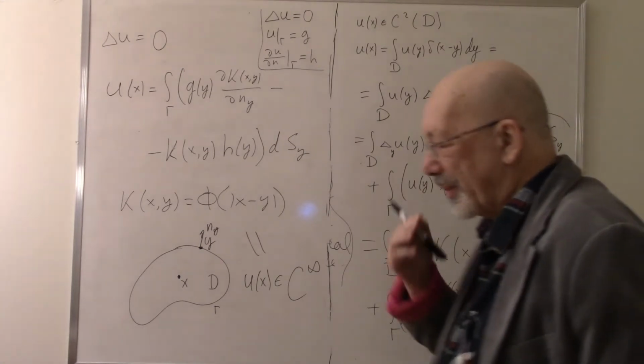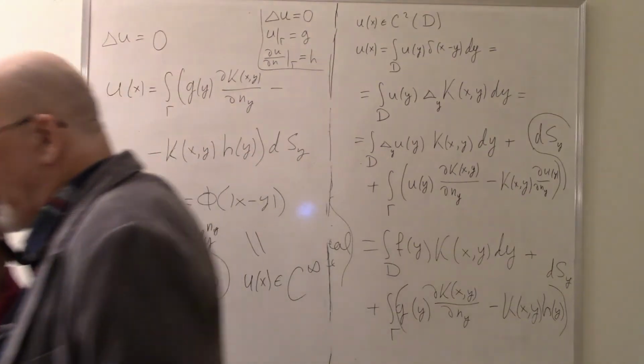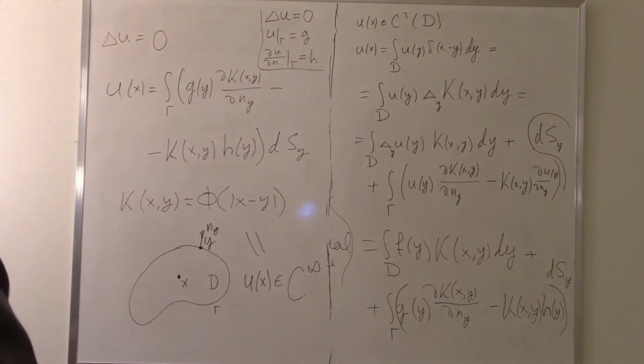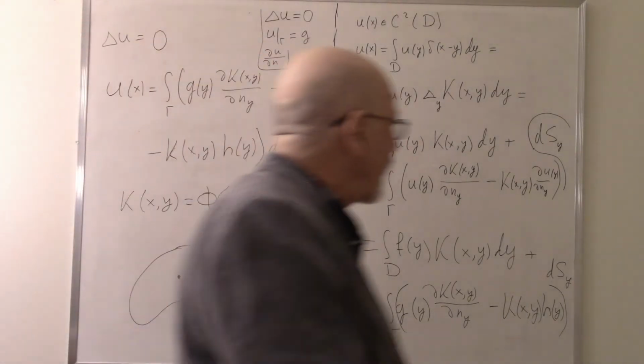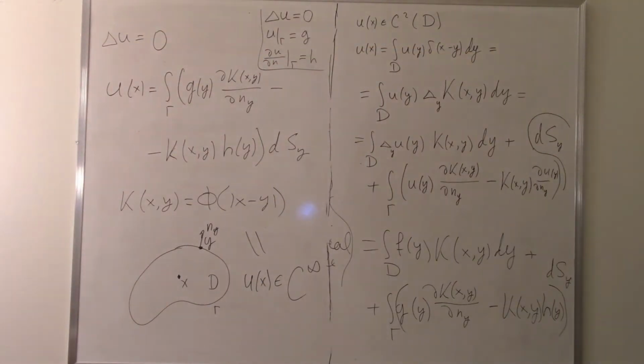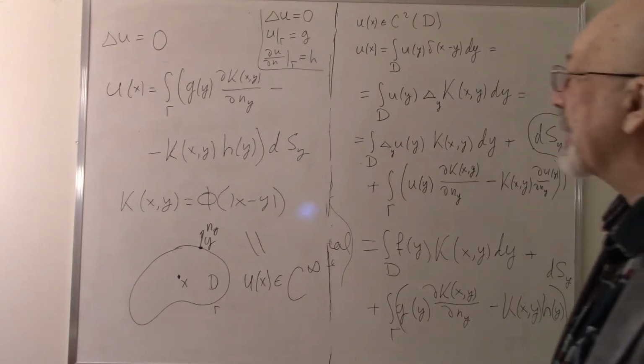But it does not permit us to solve the problem, because if you consider, say, the Dirichlet problem, this formula does not permit us. We have to somehow improve it.